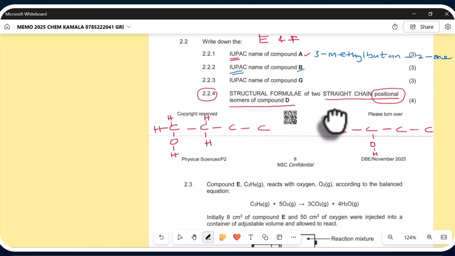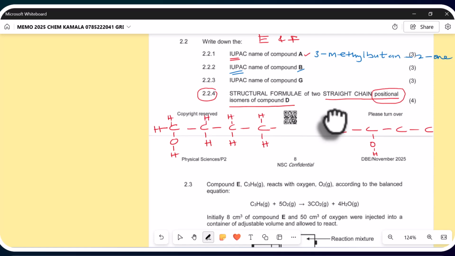So this is question 2.2.4. Now I'm on 2.3. Compound E, this C3H8, reacts with oxygen according to the balanced equation below.